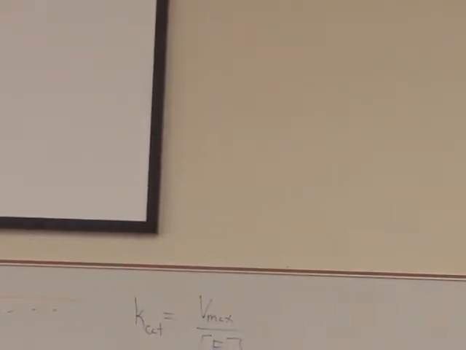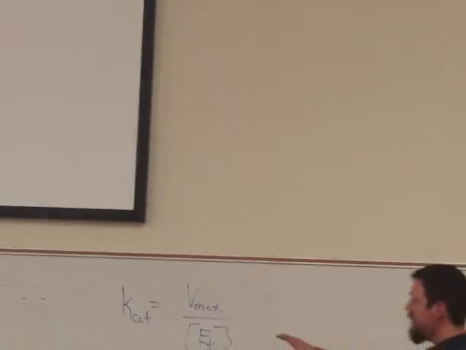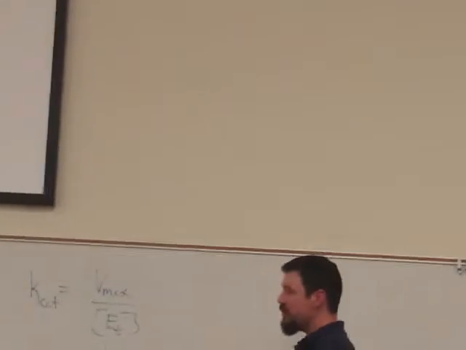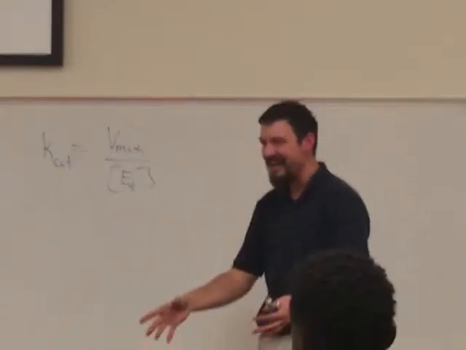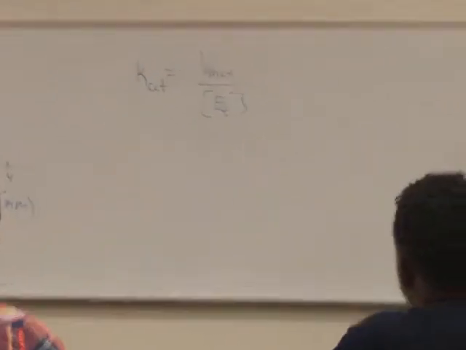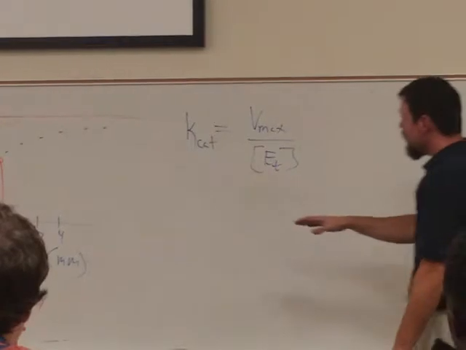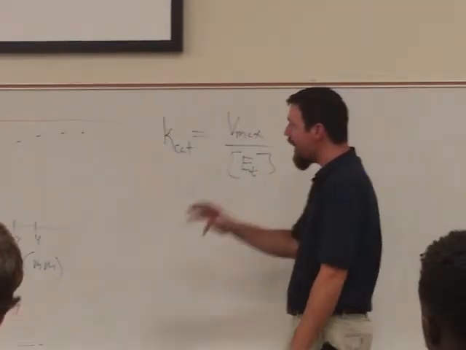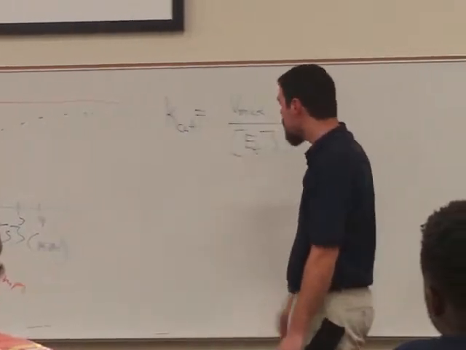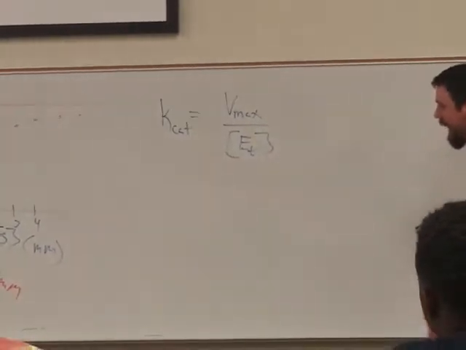Vmax really doesn't tell you anything because you could be using different amounts of enzyme. If you want to make an enzyme look faster, you just add more of it, and that will increase the Vmax. But if we want to know how fast an enzyme actually turns over its substrate into a product, we have to determine Kcat.